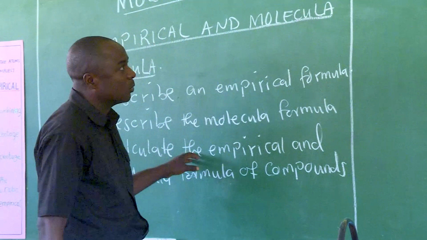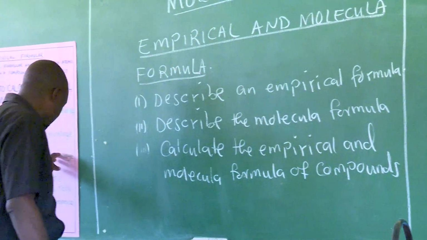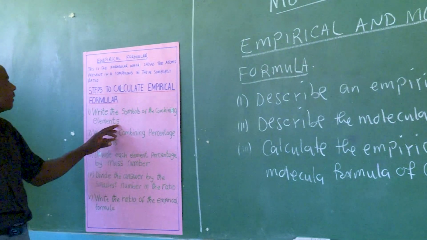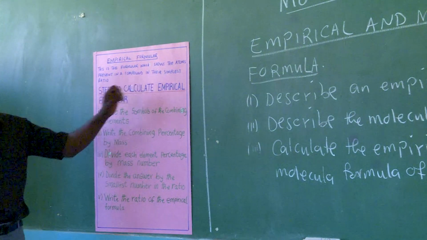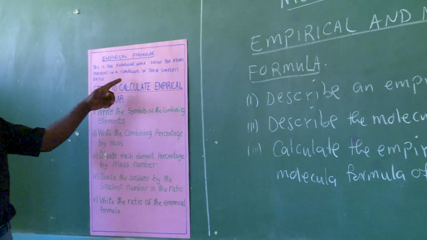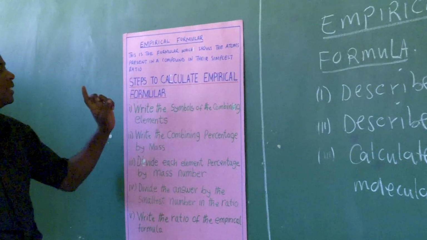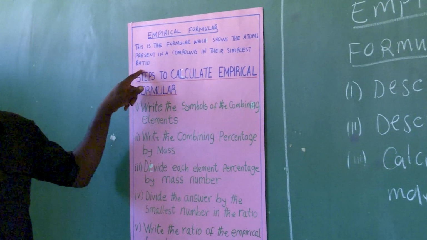We can look at this definition which we have here on the chart. Empirical formula: this is the formula which shows the atoms present in a compound in their simplest ratio.